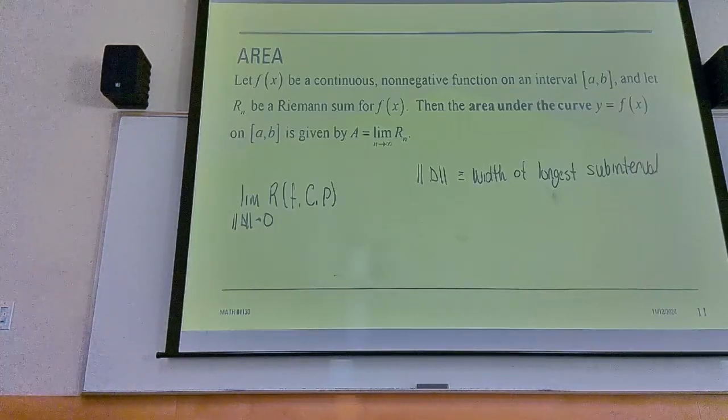That notation, magnitude delta, is defined as the width of your longest subinterval. So if you let that width go to 0, then all of your subintervals are going to 0. The width of each subinterval is going to go to 0, which means your n goes to infinity. Right, but that would be the notation if your partition is not regular. But it means the exact same thing.